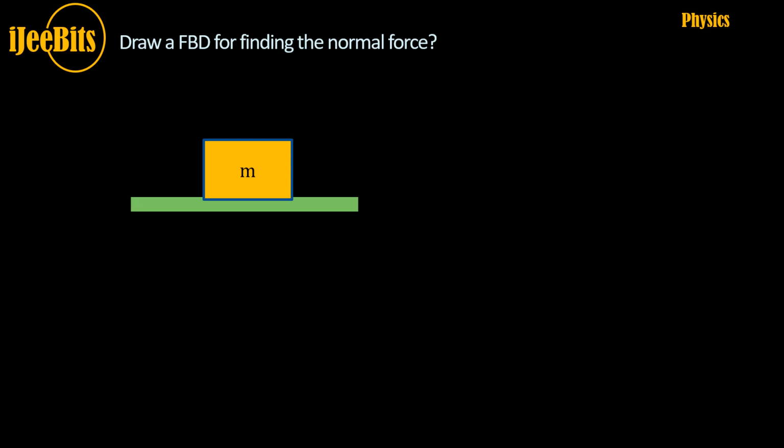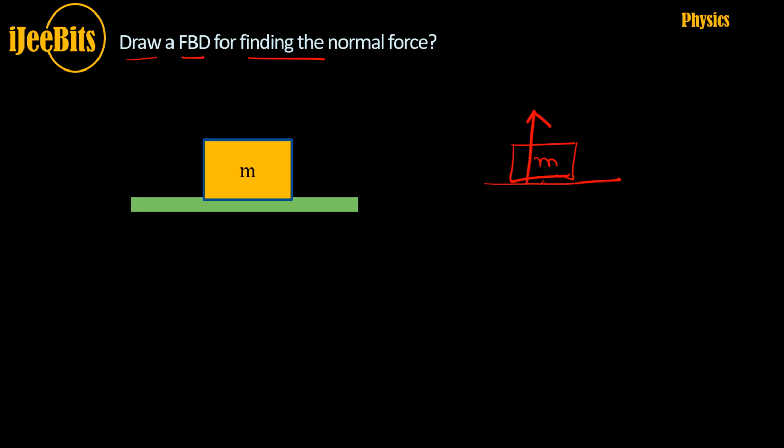Let's draw an FBD diagram for finding a normal force. This is an easy one, right? You can draw it like this: a block of mass m on a surface contact. Due to the surface contact, the normal force acts on the body in the upward direction.